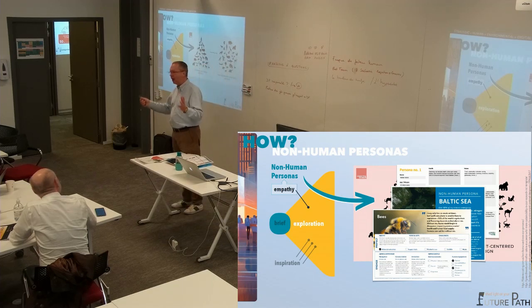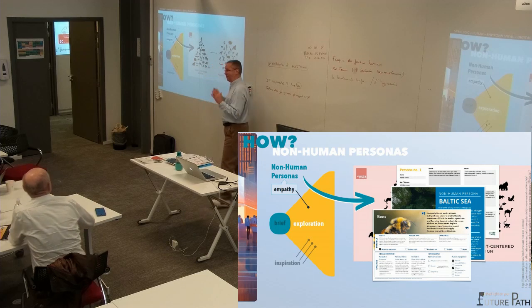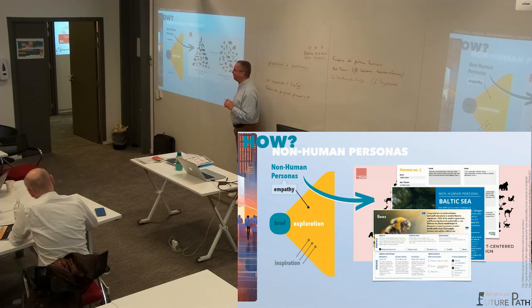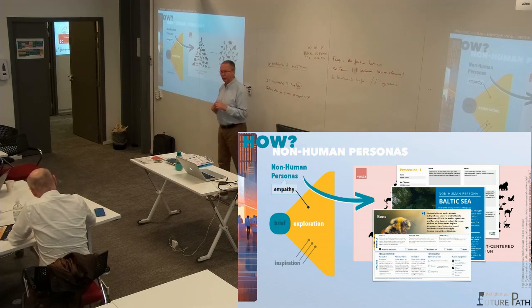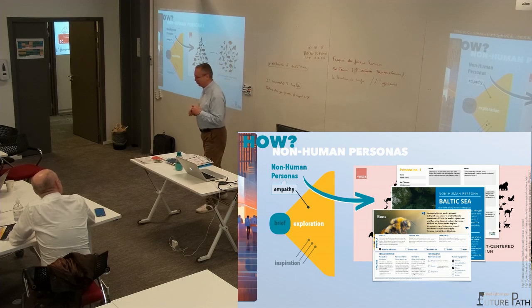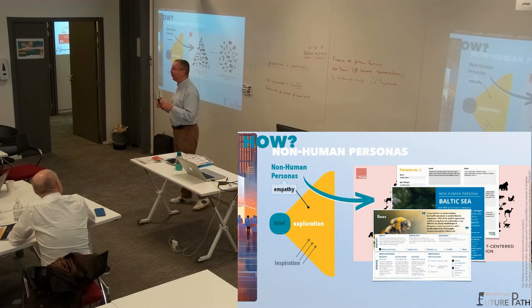But usually, trying to speak to a jellyfish or a lion, I'm not sure I'm going to test that, but you probably end up with absolutely nothing. Still, you could try to put your shoes in those, because having empathy is really about that, putting your shoes in the others.